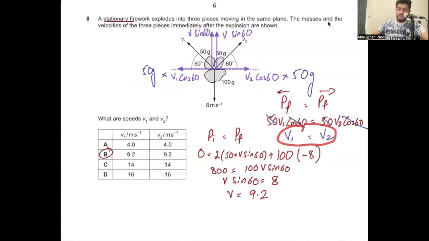Once you do that, the next step is you say the total initial momentum in the vertical direction, which is 0 because the firework was stationary, will be equal to the total final momentum. The final momentum will be due to these 250-gram masses moving upwards and this 100-gram mass moving downwards with a velocity of -8. And that will give you the value of V as 9.2.